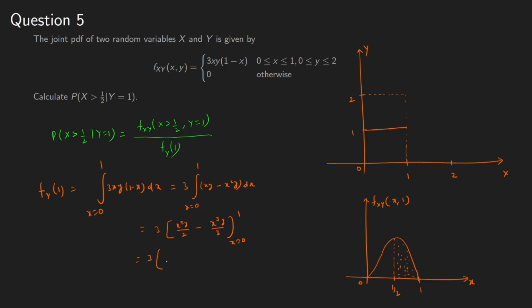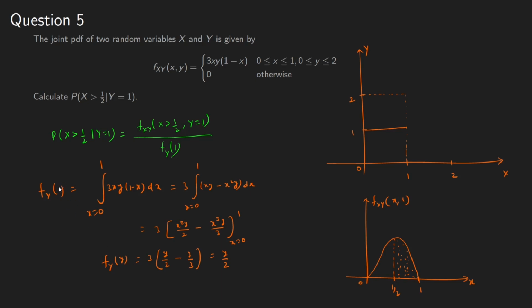So 3 times y by 2 minus y by 3, which is y by 6, which will finally be y by 2. So this was the marginal density at y.